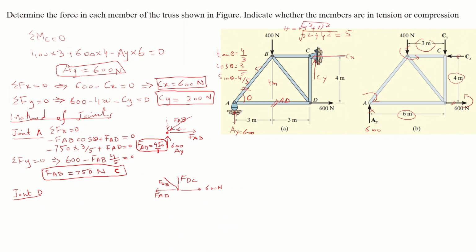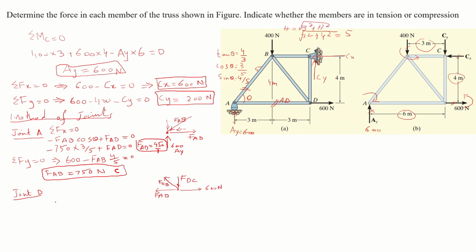Then these remaining two forces should balance each other. So we will apply any of these forces in opposite direction. If we apply it on the downside, so it should be on the upside. Or if we apply this force to the upside, then this should be on the downside.